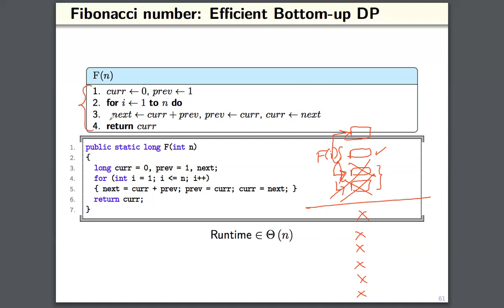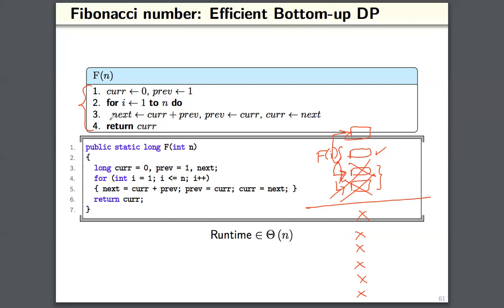You can call this space optimized bottom-up DP. In fact, for all bottom-up DP algorithms you can improve the space complexity. If you see a problem that has n squared time and n squared space, you can reduce that space by one dimension: n squared to n, n to constant, n cubed to n squared, n power 10 to n power 9.